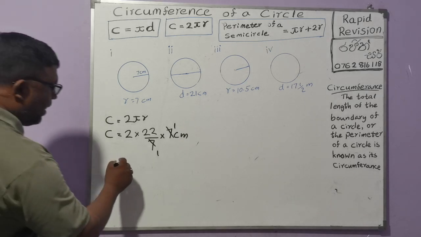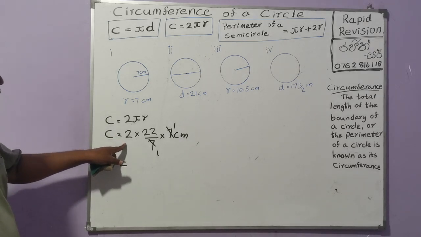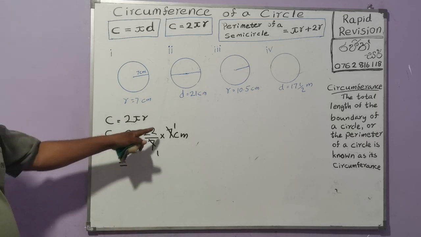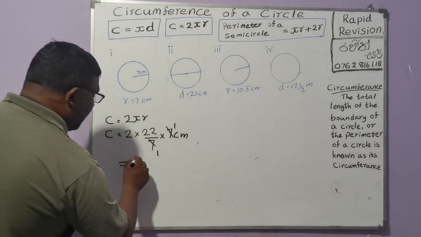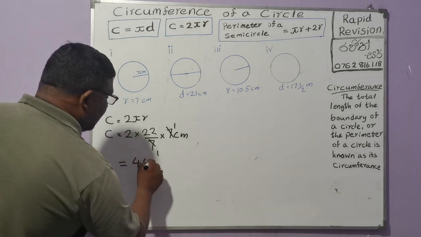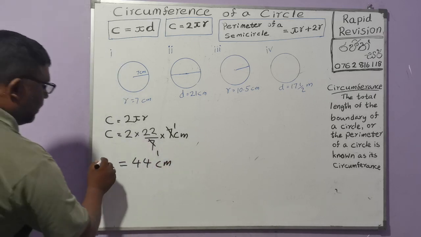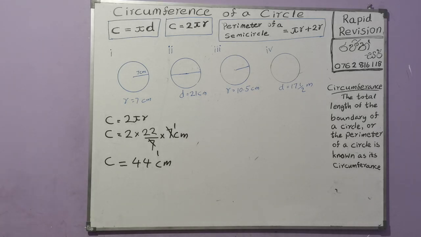Then you can calculate 2 into 22 is 44, and 44 into 1 is again 44. The circumference is 44 centimeter.